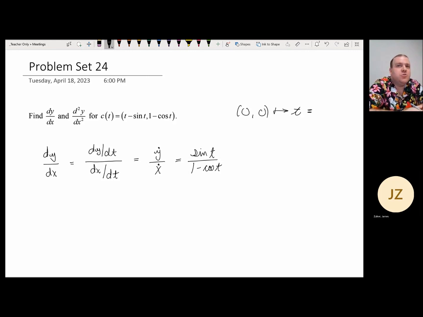There's only one solution that satisfies that, and that's t equals 0. Because wherever cosine is 1, sine is 0, and that first part is just going to be whatever t is. So if it was 2 pi, you'd have 2 pi comma 0. That is how you determine t.